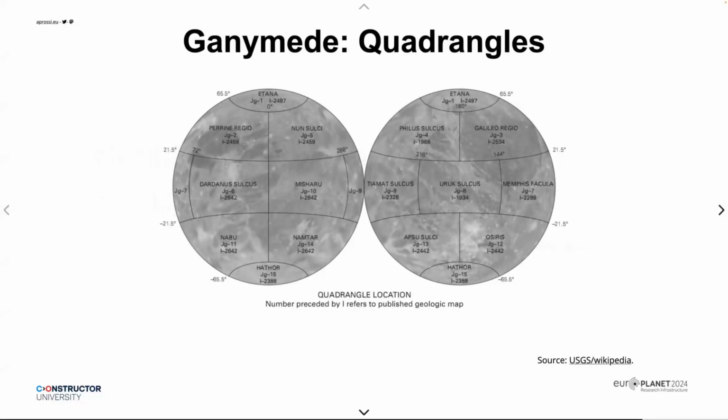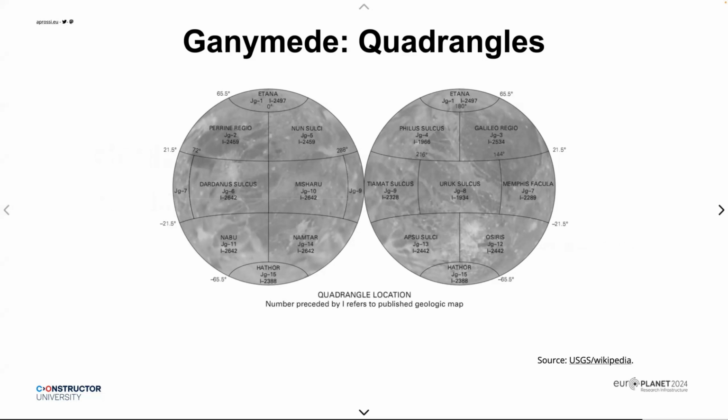So at the moment, we are also living a lot with legacy. And the legacy is that projections are chosen depending on the rotational state of bodies, which means that close to the axis of rotation intercepting your surface, you will have polar stereographic or similar.